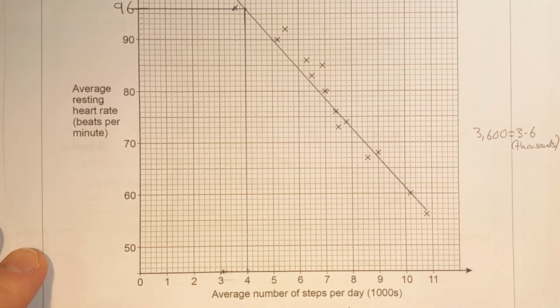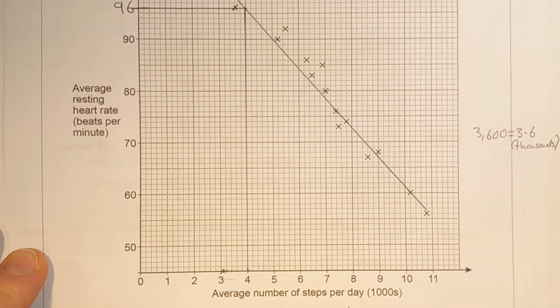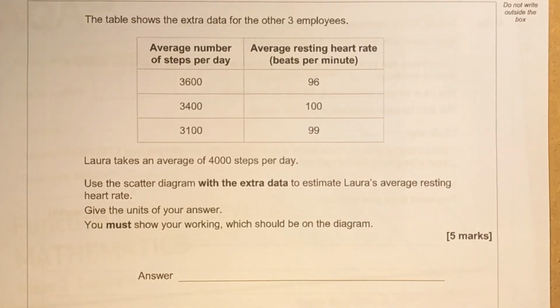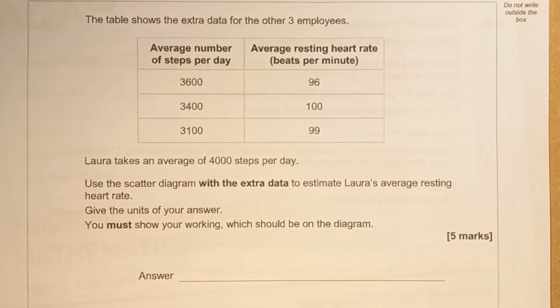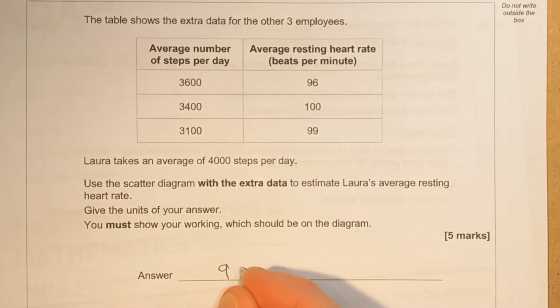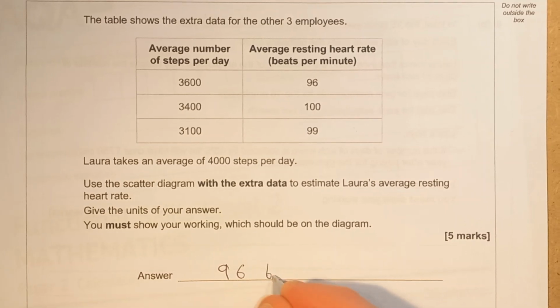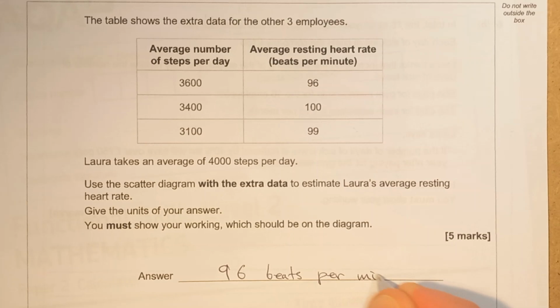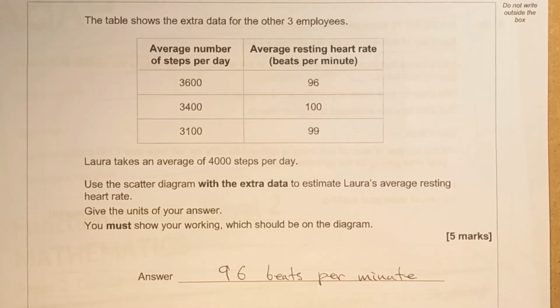Okay, and that's going to be her average resting heart rate in beats per minute. Okay, so let's go to the answer sheet here, and we can just put 96 beats per minute.